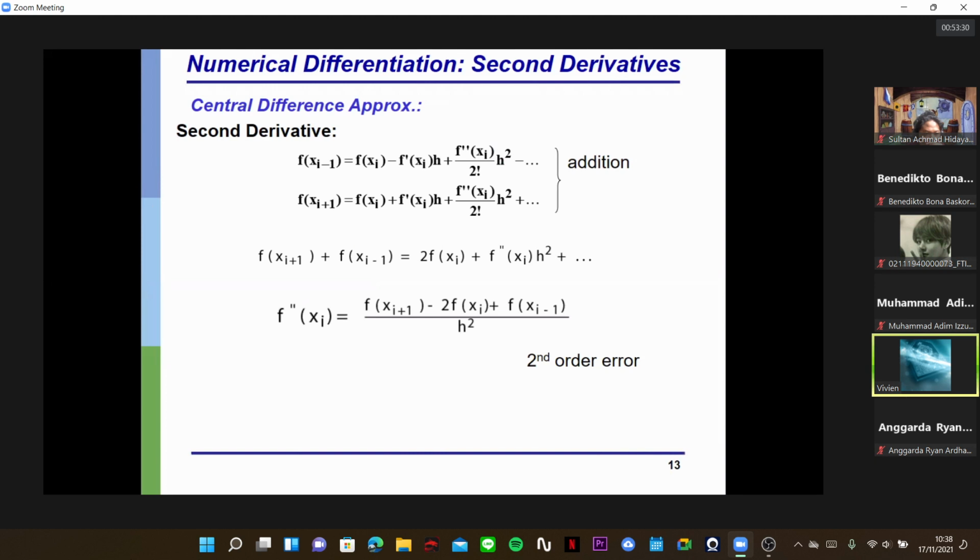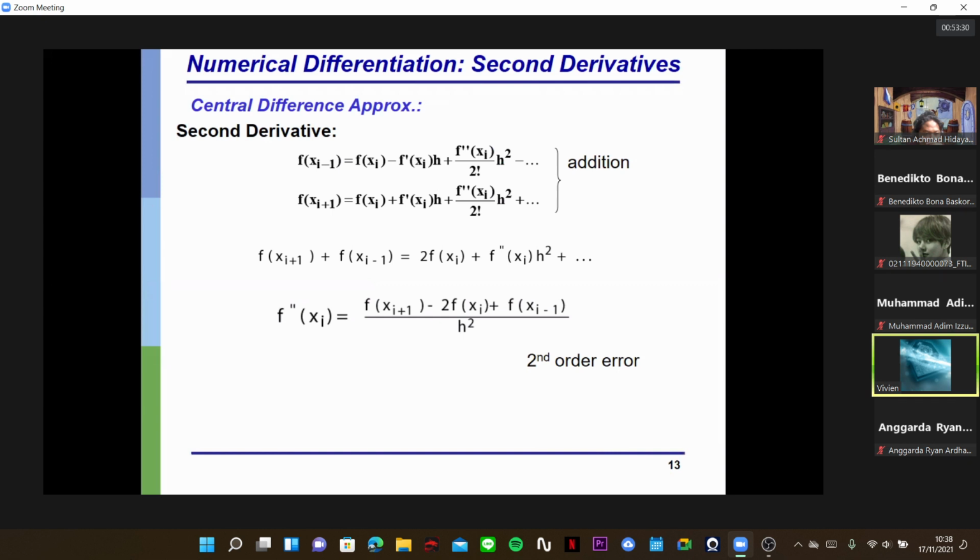Perhaps if you learn about heat transfer on a plate, or you learn about structures, stress in a plate or a structure, for example the shear stress, then using the centered scheme will probably be preferable because it will give a more accurate result.